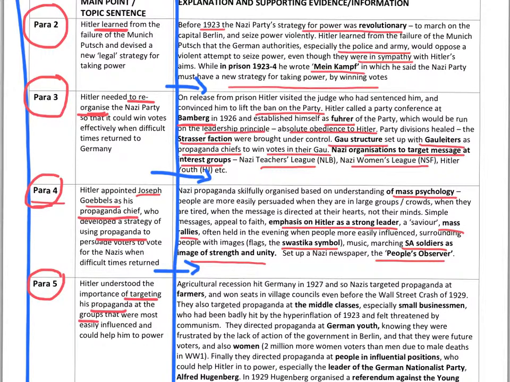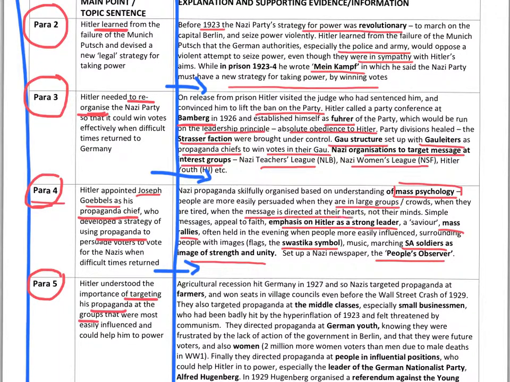So really emphasise that. But the understanding of mass psychology, what was great about Goebbels, what made him so effective and so brilliant as a propaganda chief, was that he understood how to persuade people, how to lie to people and make them believe anything. And so it was based on that understanding. If people are in large groups, they're more easily persuaded.